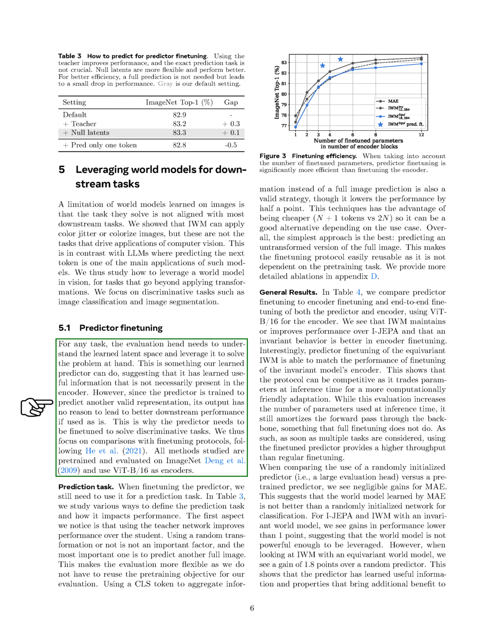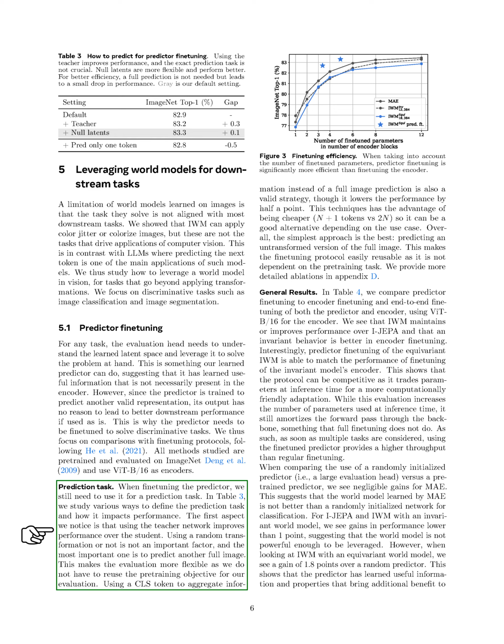Our experiments, conducted on ImageNet with ViT-B16 as the encoder, reveal several key insights. When fine-tuning the predictor, it's crucial to engage it in a prediction task. Our analysis across various prediction task definitions shows that leveraging a teacher network boosts performance beyond what a student network can achieve.